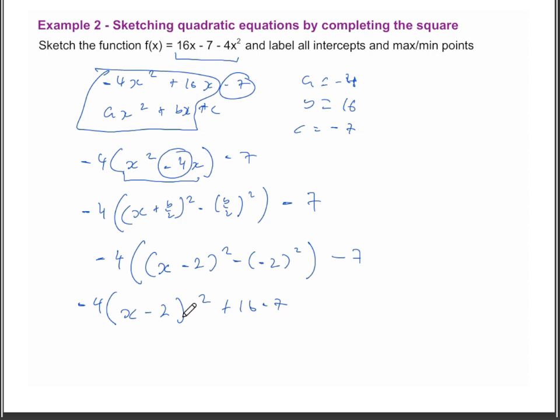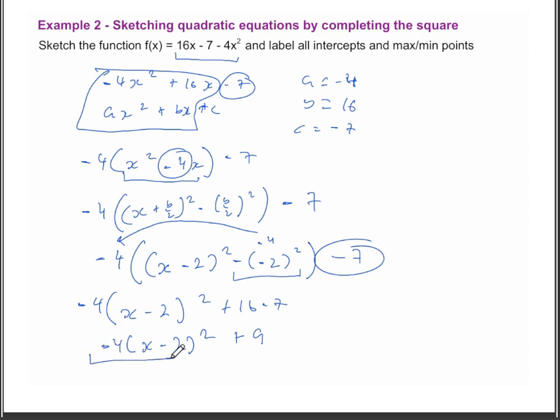So -4(x minus 2) squared plus 16 minus 7 is plus 9, and you have this right here.